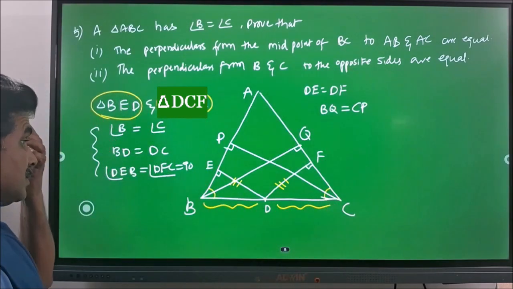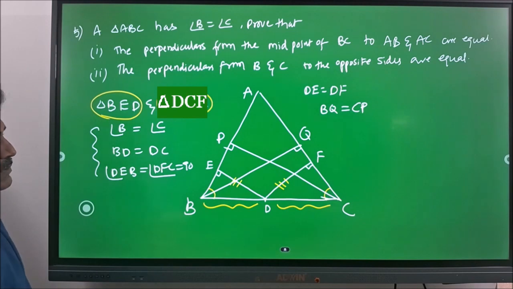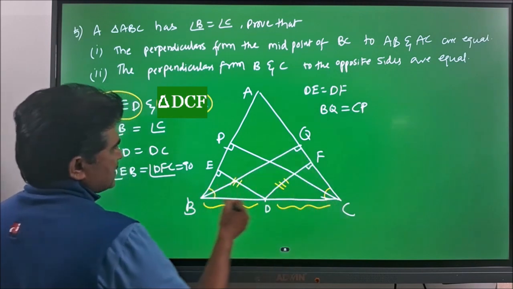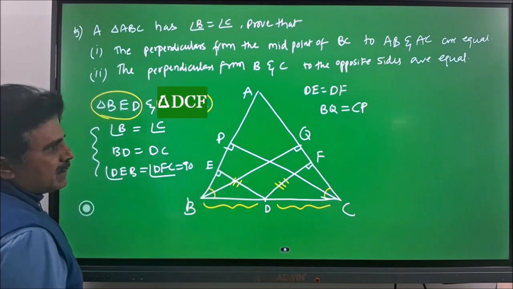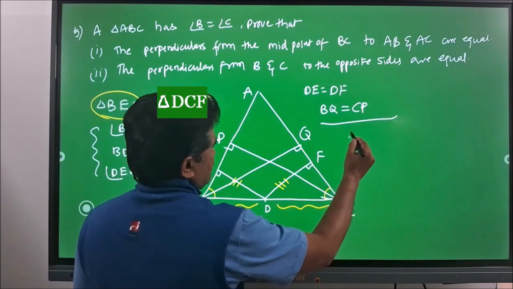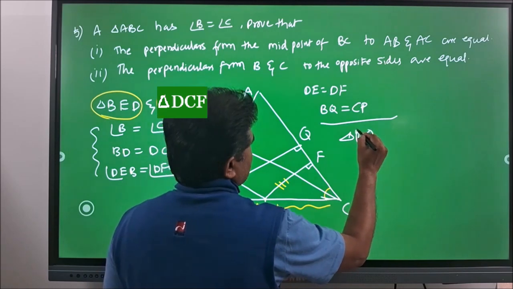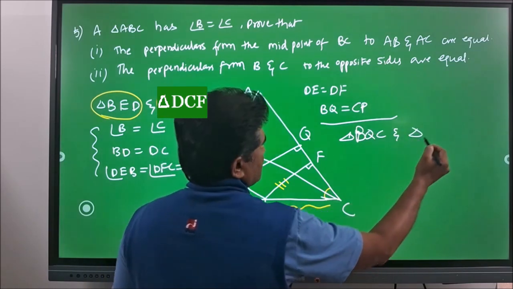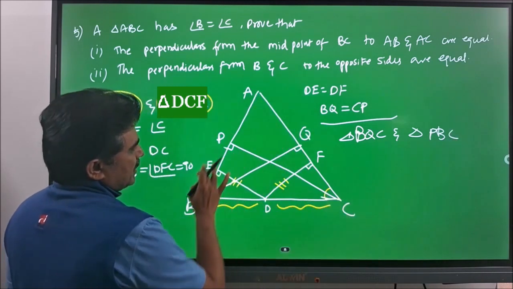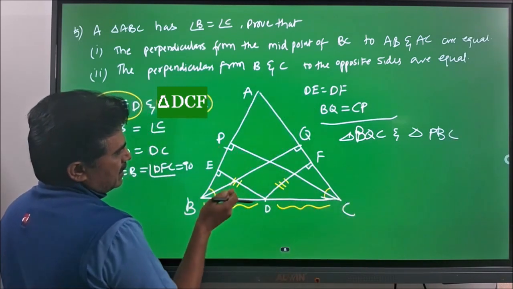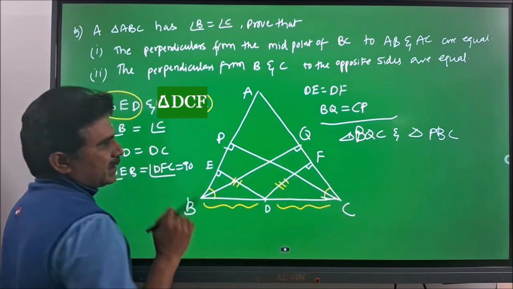So here also we got two similar triangles. If you see those, BQC is one triangle, and CPB is another triangle. Let's note that. So triangle BQC and triangle PBC. PBC is one triangle, and BQC is another triangle.